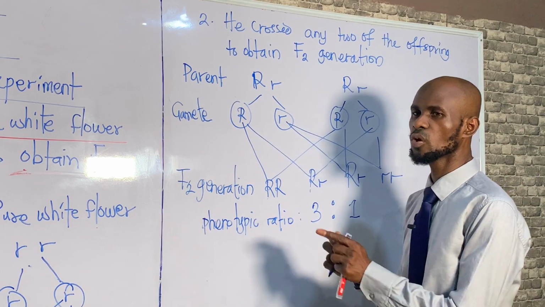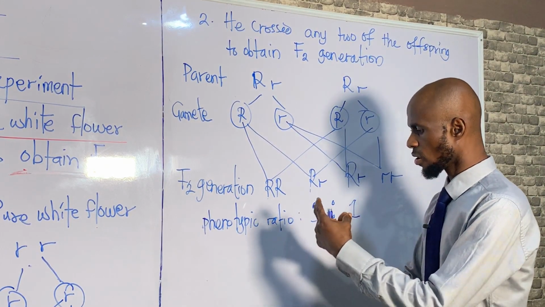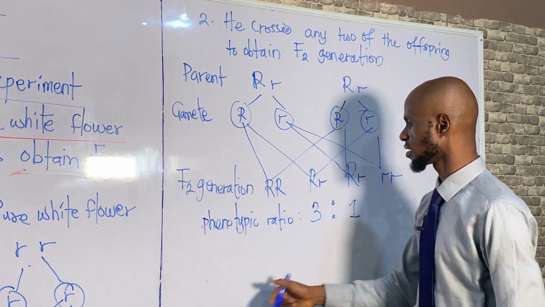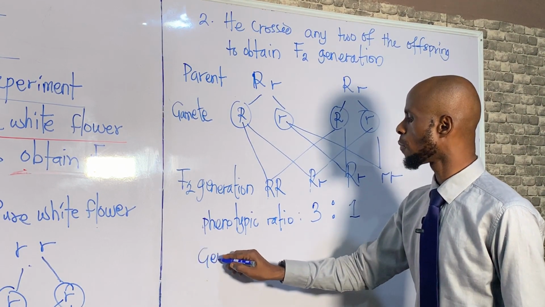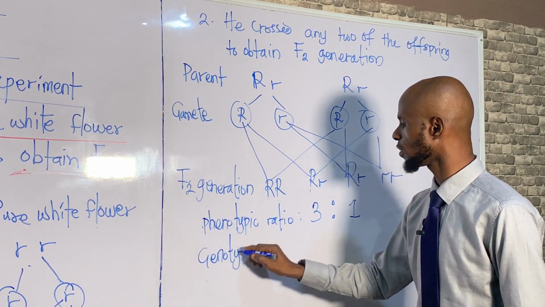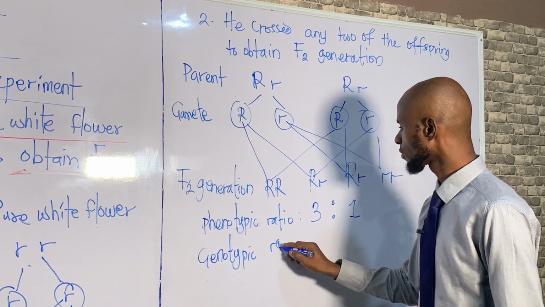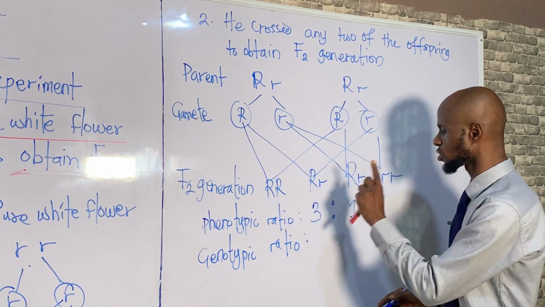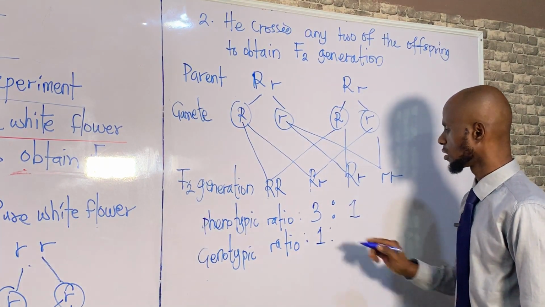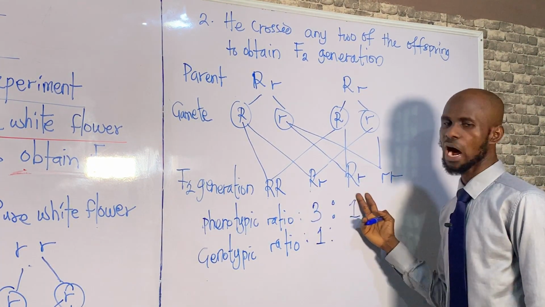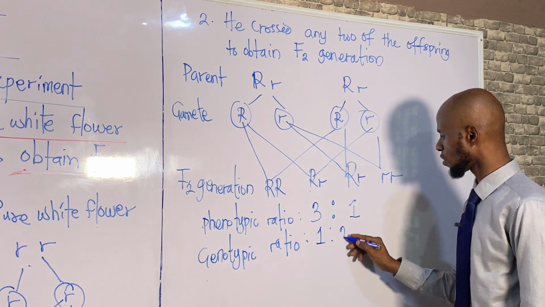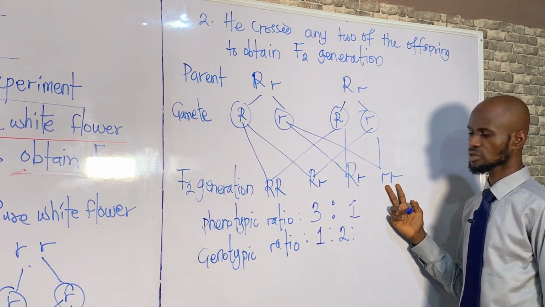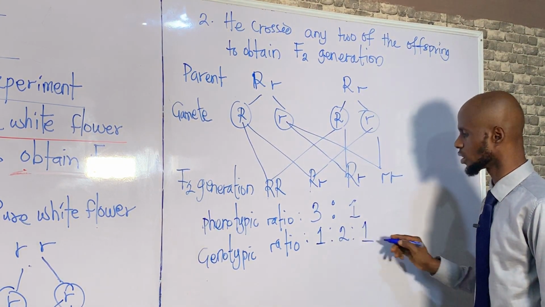He went further and looked at the combination of the two letters, by bringing up what is called the genotypic ratio. Big R, big R, we have just one. Big R, small r, we have two of them, and small r, small r, we have just one.